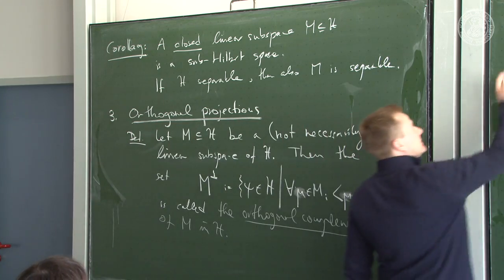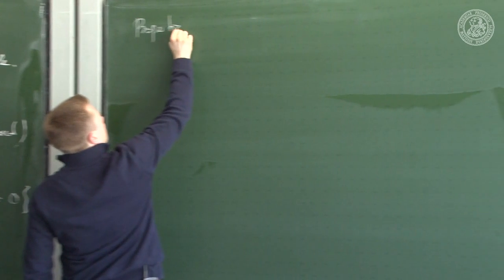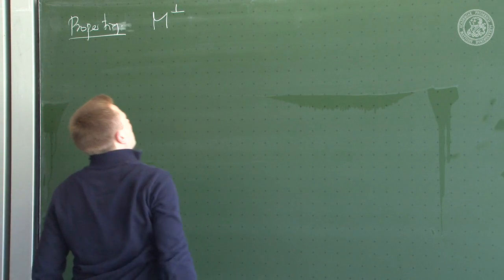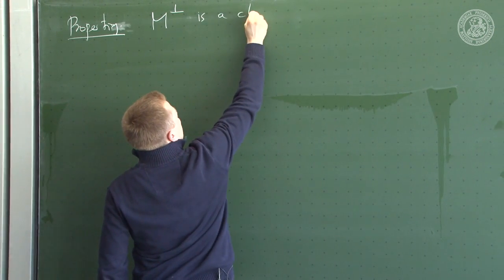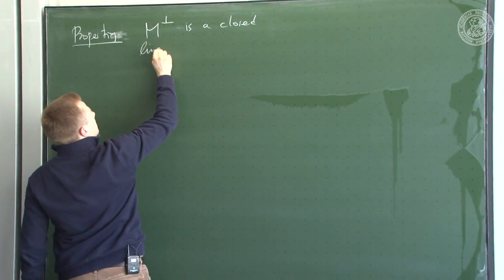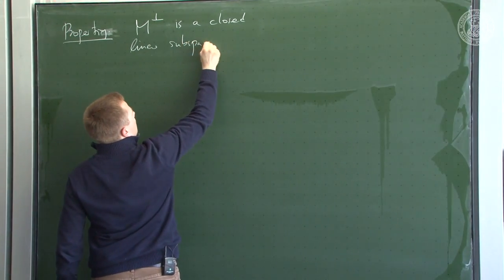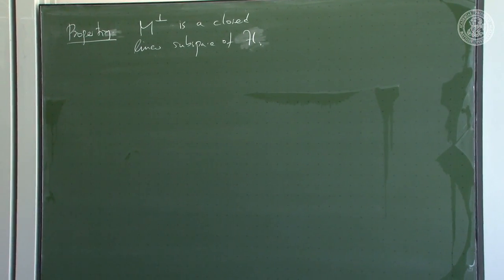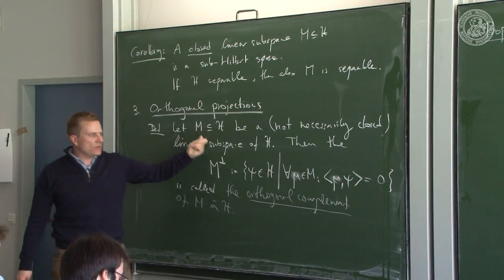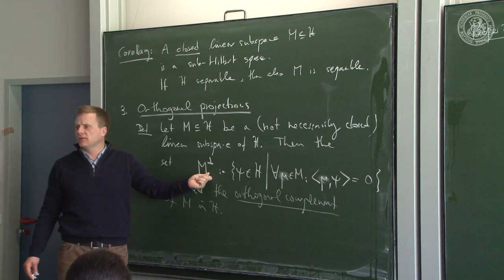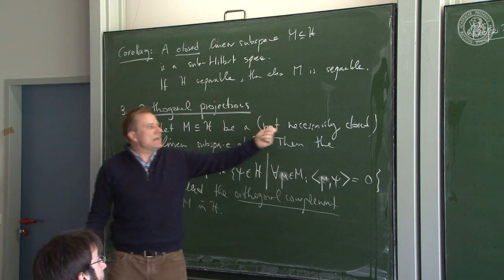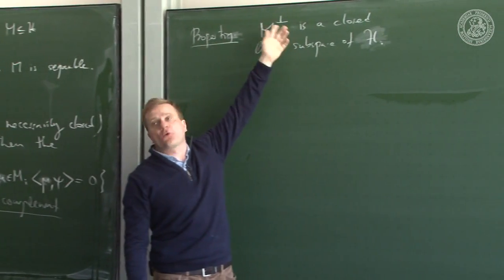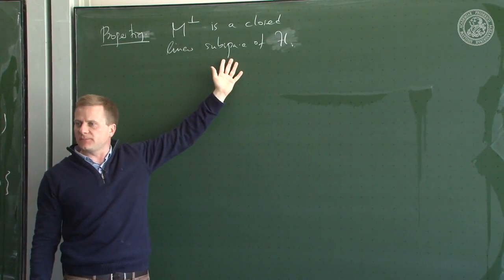Properties. M orthogonal is a closed linear subspace of H. So although the set M we started from, whose orthogonal complement we consider, may not be a closed subset, once you take the orthogonal complement it is a closed linear subspace.